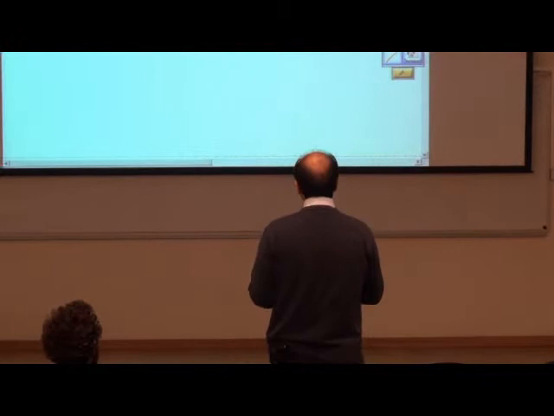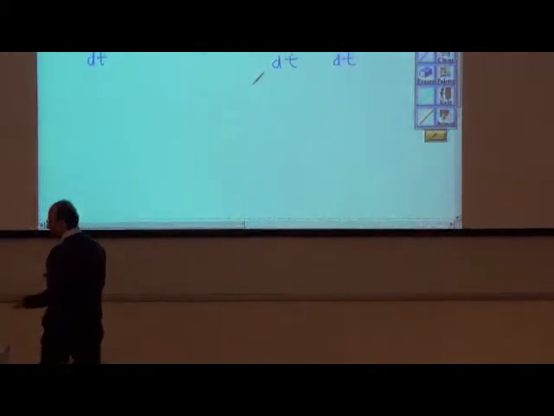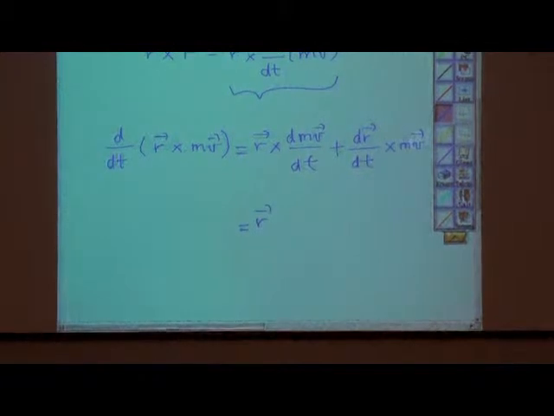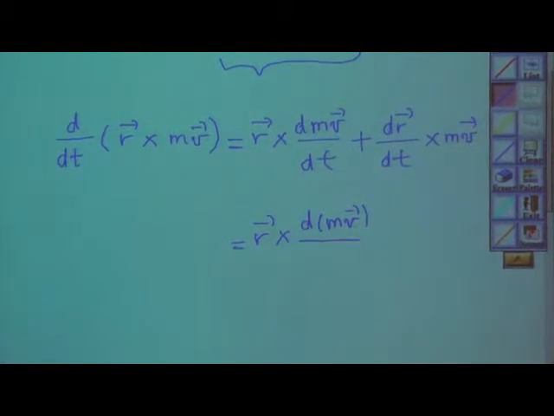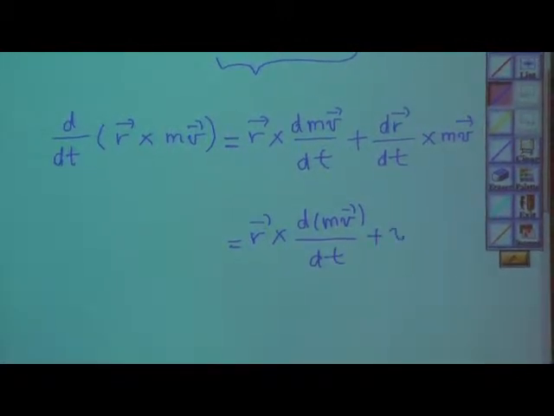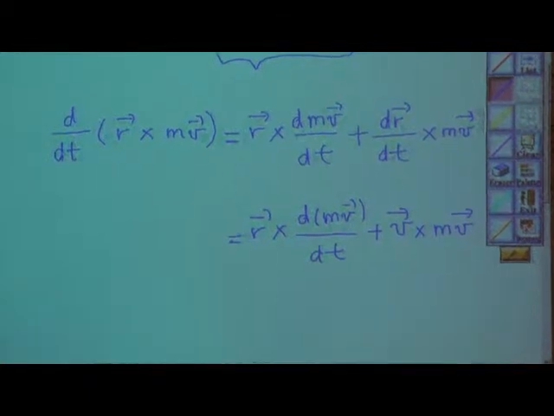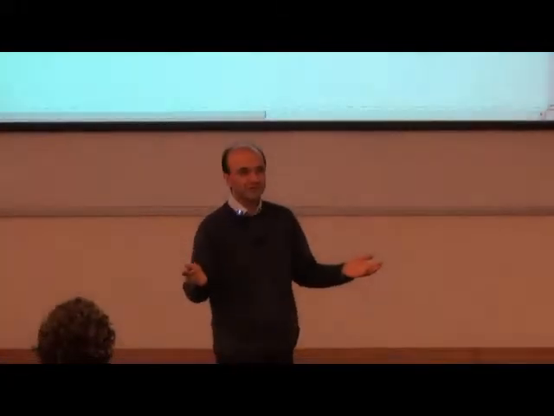Therefore, I can rewrite it as simply the vector v cross m times v. Any objections? No, because dr over dt, the time derivative of the position vector, is the velocity vector.